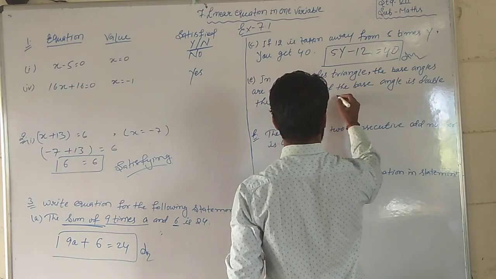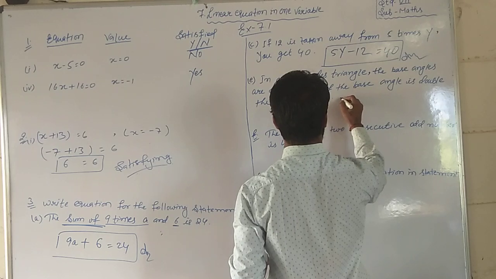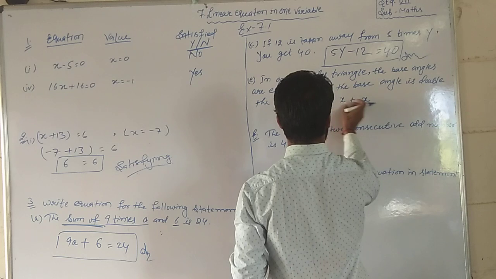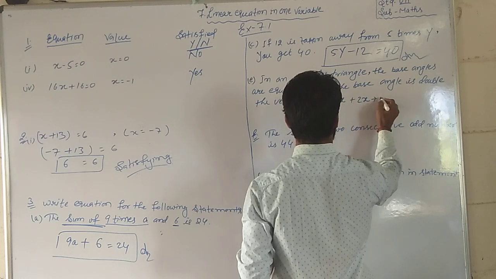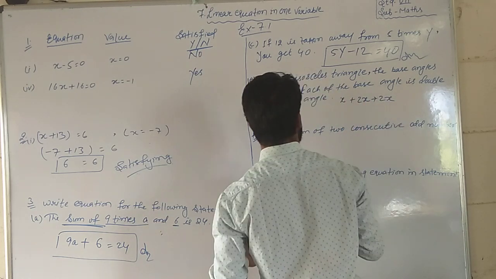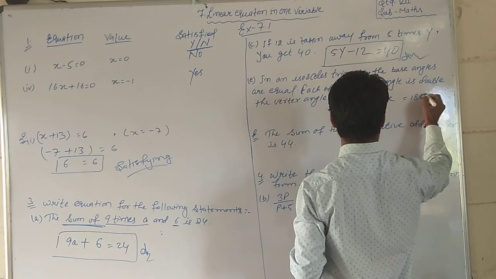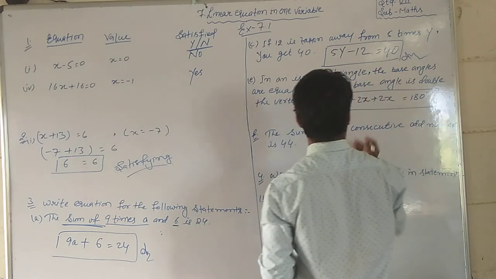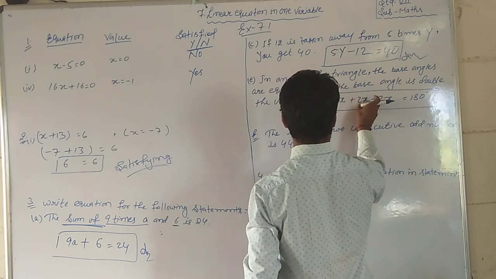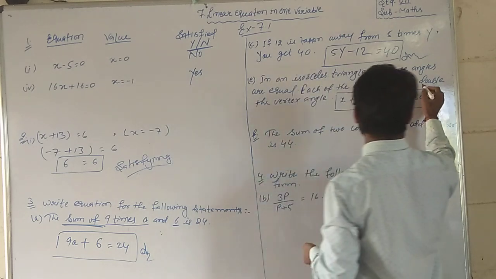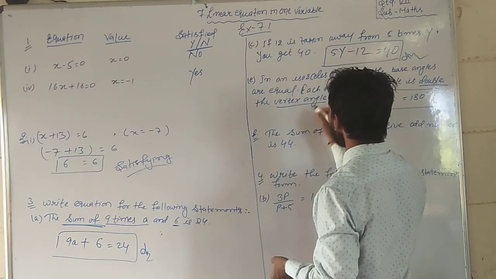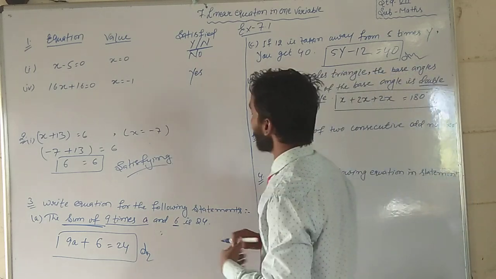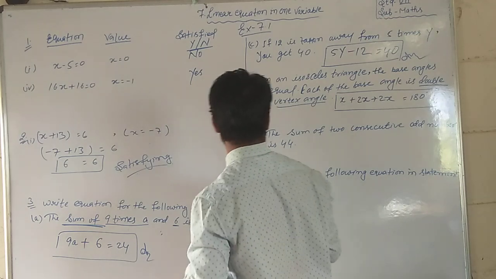So we will write first the base angle x, then 2x will be the vertex angle, then x plus x plus 2x. What is the sum? 180 degrees. So it will be your equation. X is the base angle and 2x is the vertex angle. Why? Because it is already mentioned double the vertex angle. So what is the double? That is the vertex angle, and what is the single? That is the base angle.